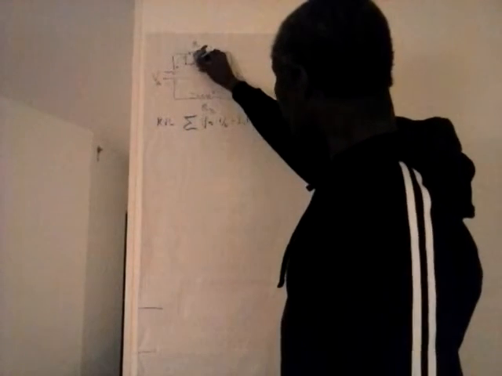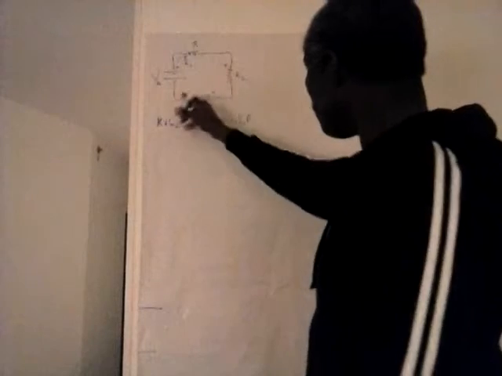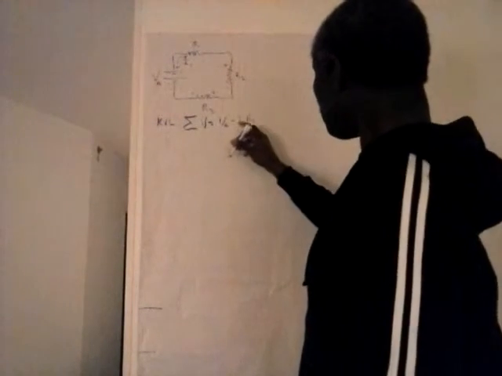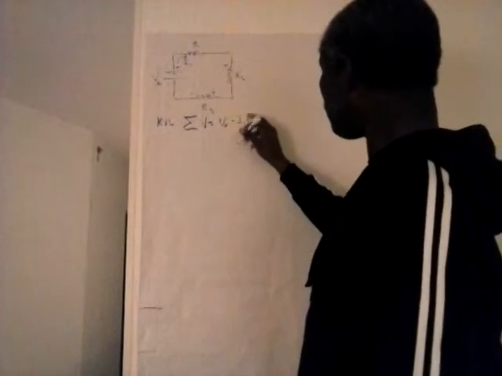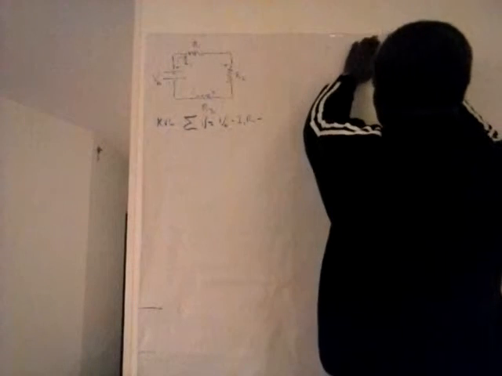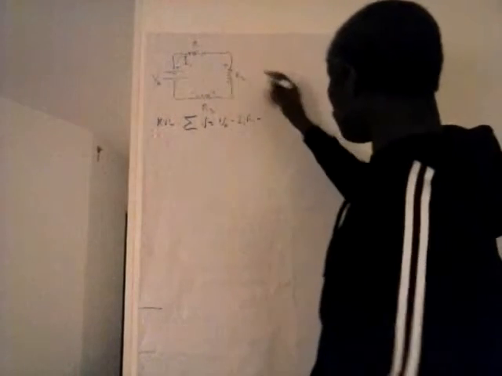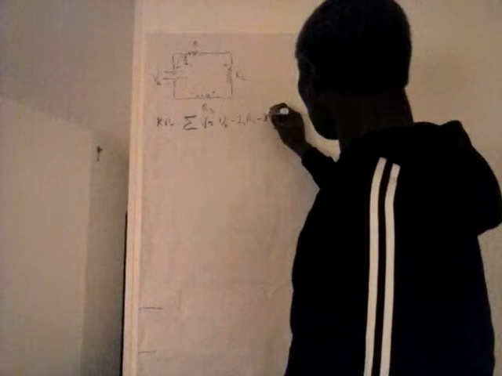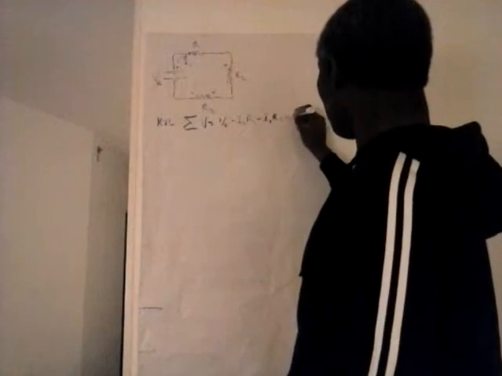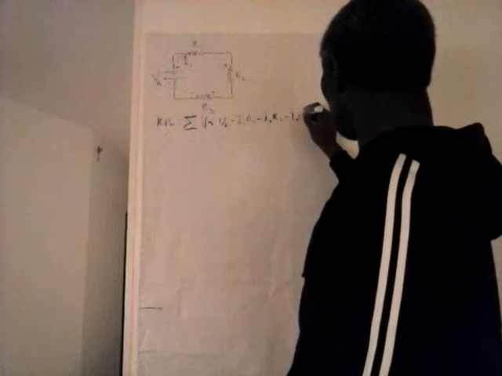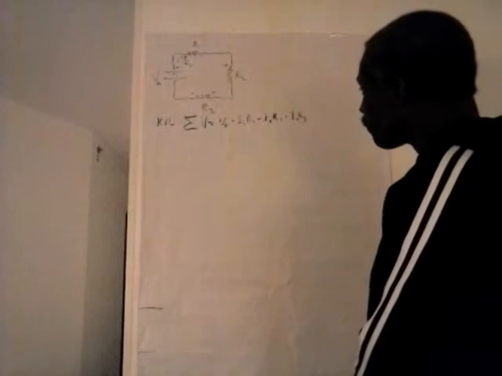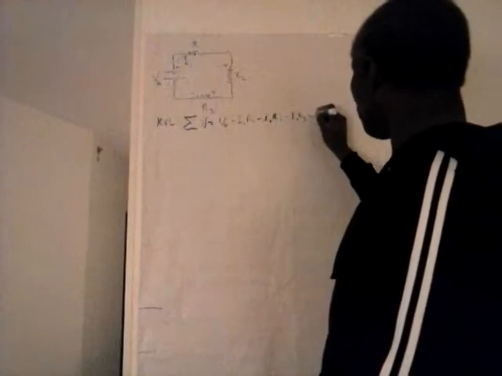We're going to call this I1. This is another voltage drop, minus I1 R2, and this is another voltage drop here, minus I1 R3. And this must be equal to 0.